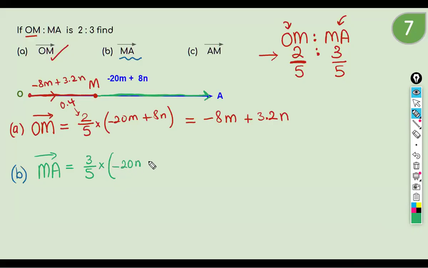So 3/5 of minus 20m plus 8n. If you don't like 3/5, that's the same thing as 0.6. 0.6 by minus 20 is minus 12m. And 0.6 by 8 is 4.8n. Look at it. We have this portion now. MA is minus 12m plus 4.8n. Okay?